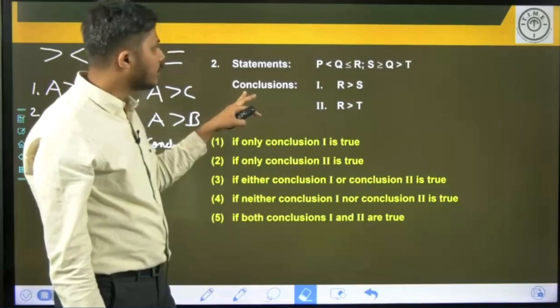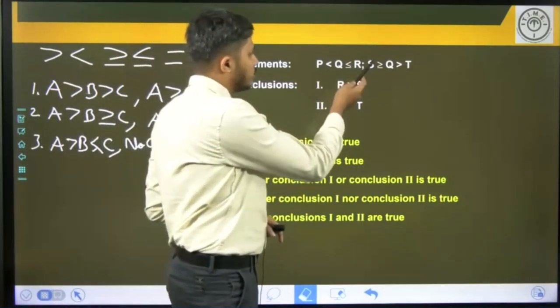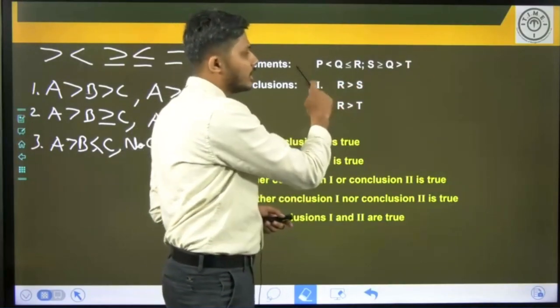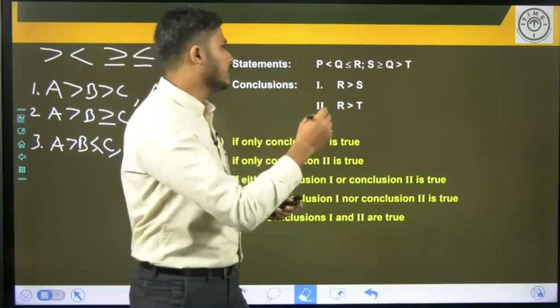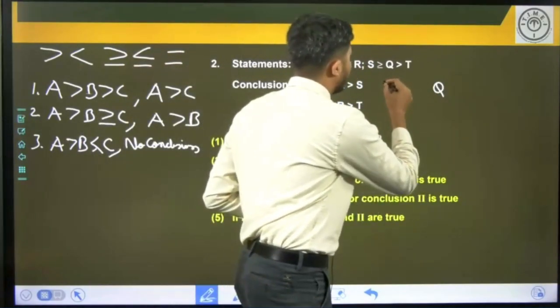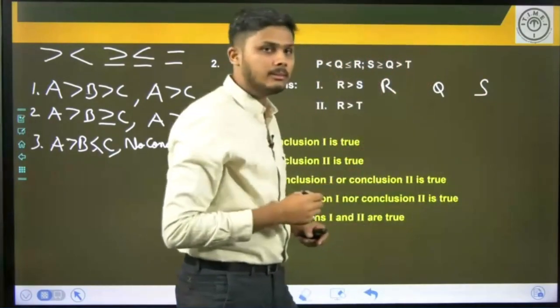We are asked the relation between R and S. As done in the previous question, the common term here is Q, as R and S are in different statements. Let us write Q in the middle, R at one end and S at the other end.